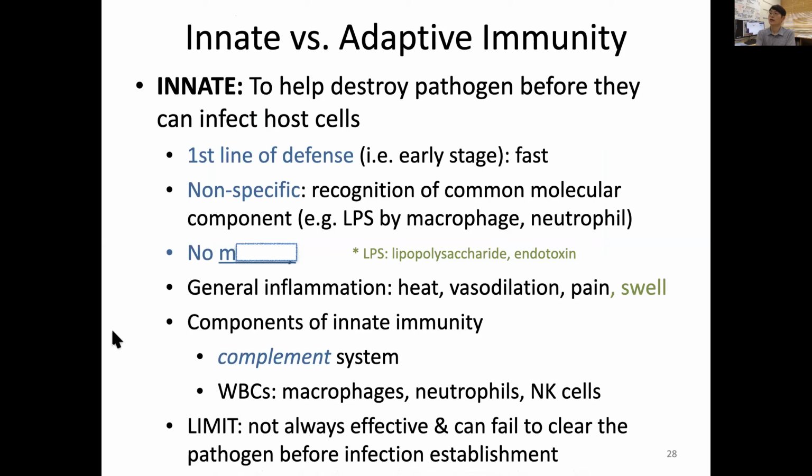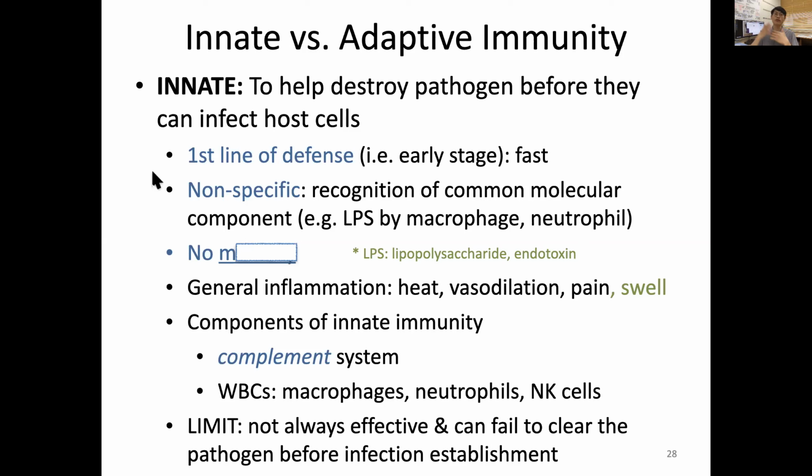So what are the differences between innate and adaptive immunity? First, let's start with innate. Innate immunity helps destroy pathogens, including bacteria or viruses or something else outside of our body, before they can infect our whole cell. This is really the first line of defense.